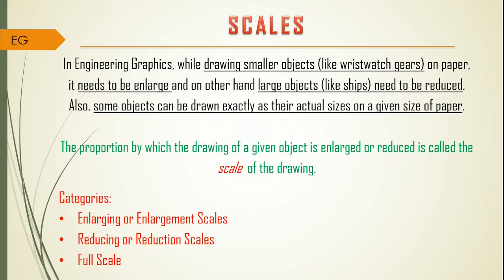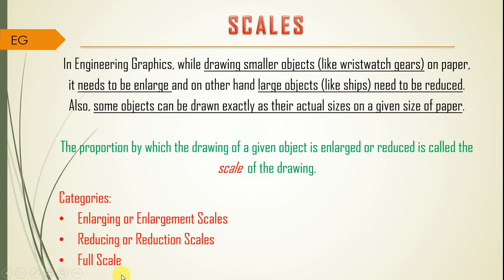And in the cases where we are going to draw with exact dimensions of an object, then that is to be treated as your full scale. So here we found three different types of scale, whereas scale is simply the proportion by which the drawing of an object is enlarged or reduced, and that is to be called as scale of the drawing. So those three categories we have to further discuss in detail.